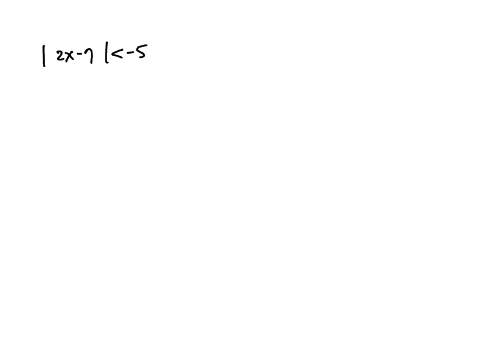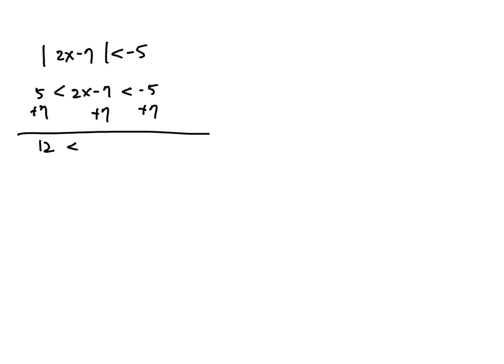Okay, so this is 2x minus 7 less than negative 5 less than 5. Okay, and in this case, you're saying, hey, if I add 7 to both sides, I get 12 is less than 2x is less than 2. And if you divide everything by 2, you get 6 is less than x is less than 2.